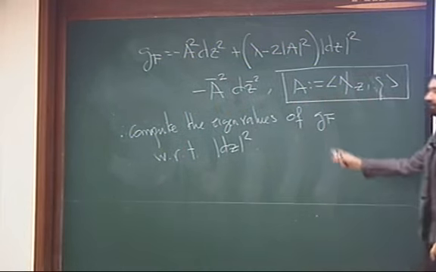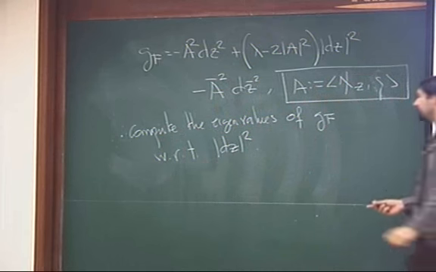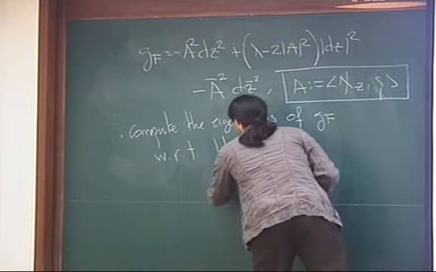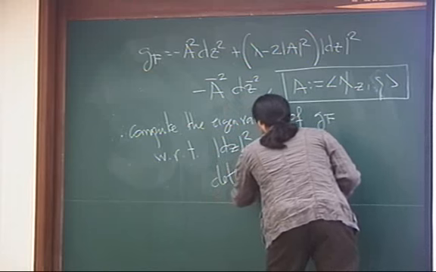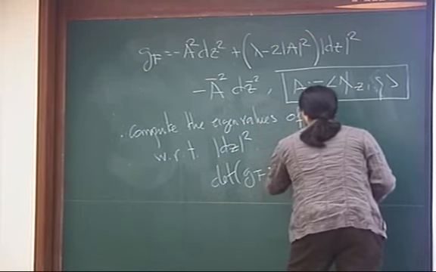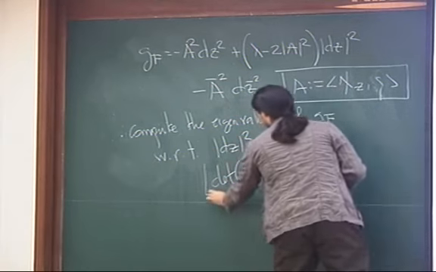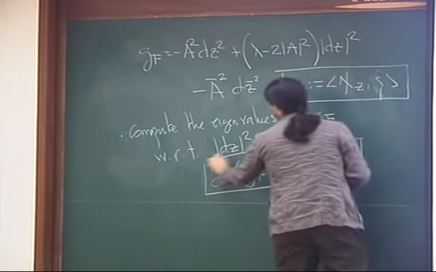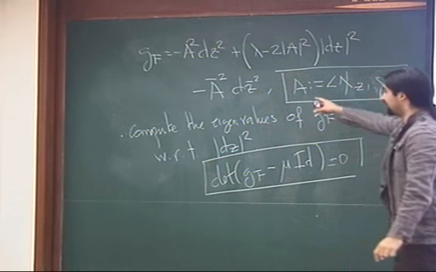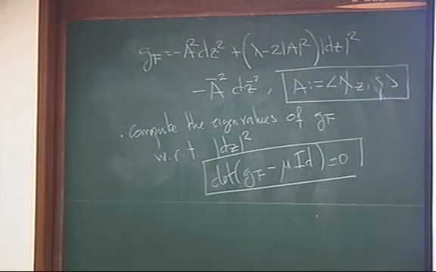I'm going to compute the eigenvalues of this. This is very simple, because you just have to take the determinant of G_F minus, let's call it mu, identity equals 0. As you have an explicit expression, you can compute these eigenvalues in a simple way.